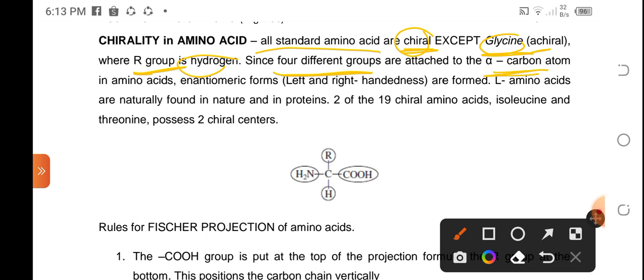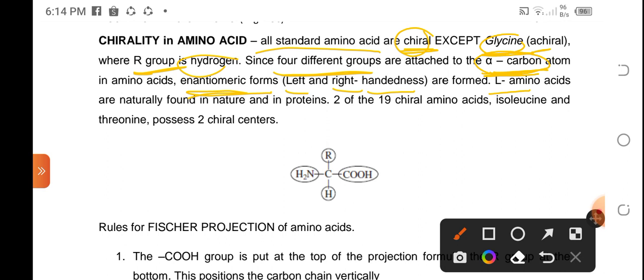For this case, in amino acids, we are going to refer to the alpha carbon atom to be the chiral center. Okay, so here, because of this chiral center in the alpha carbon atom, enantiomeric forms such as left and right handedness, or the L and D handedness, are possible.